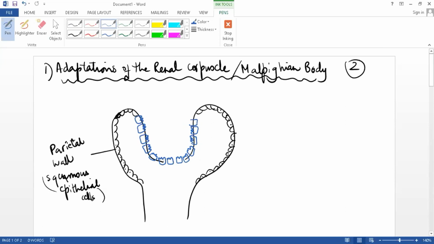They have slits, called slit pores, between them. There are gaps in between them. These cells are called podocytes.